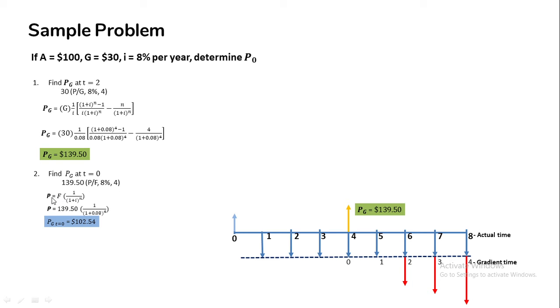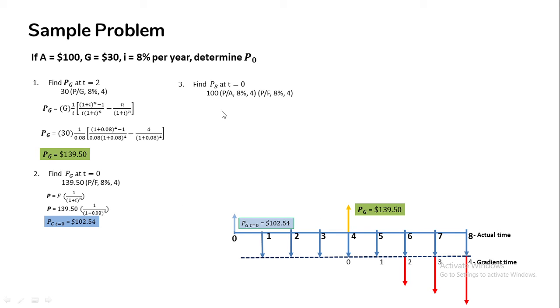So P is equal to F, parenthesis 1 over parenthesis (1 plus i) raised to n. So our F future worth is 139.50. Then substitute. Then we will come up with our present worth of gradient at t is equal to 0, which is $102.54.